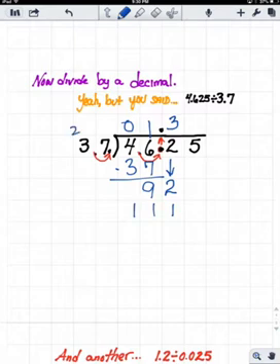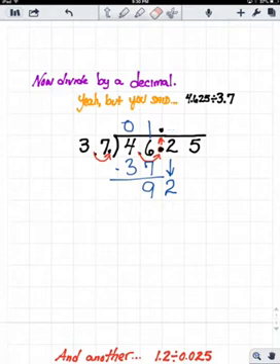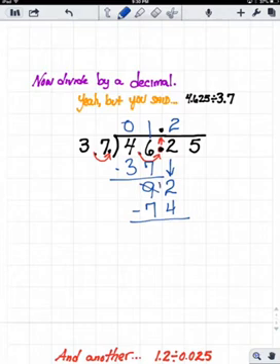It's too big, I can't do my subtraction, which means that 3 up top is too big. So we must be 1 too much, so we go down. 2 times 37. 2 times 7 is 14. 2 times 30 is 60. 60 plus 14 is 74. And subtract. 12 minus 4 is 8. 8 minus 7 is 1.